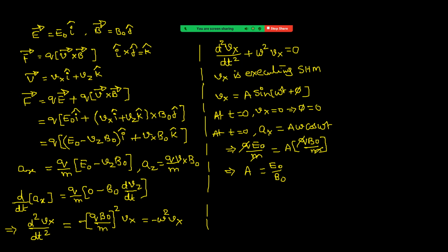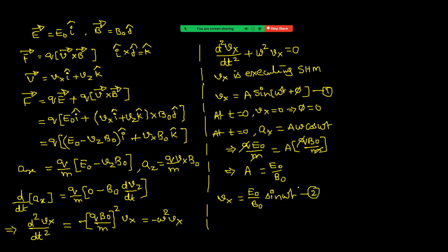That means now we got the value of Vx: Vx = (E0/B0) sin ωt. Let us take this as equation 1. In equation 1 we got the A value and φ value, so take it as equation 2.